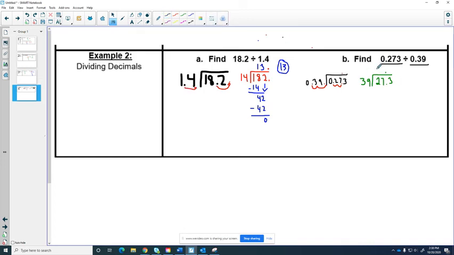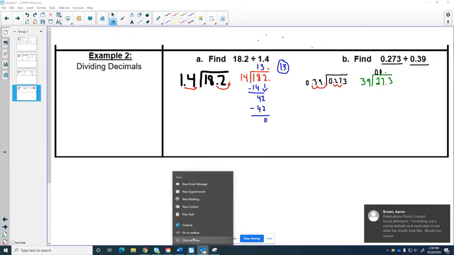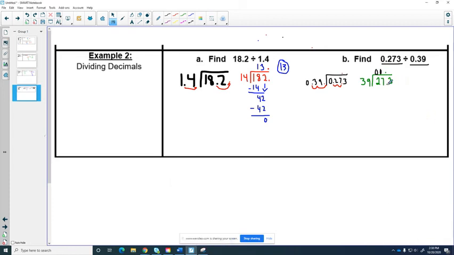39 can't go into 2. 39 can't go into 27. Can 39 go into 273? Let's try 7 times. 7 times 9 is 63. 7 times 3 is 21, plus 6 is 27.